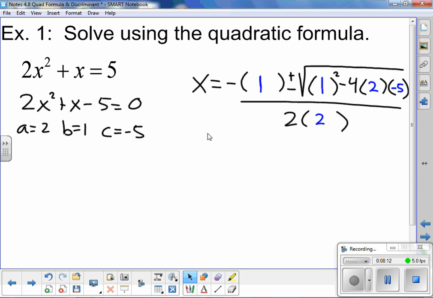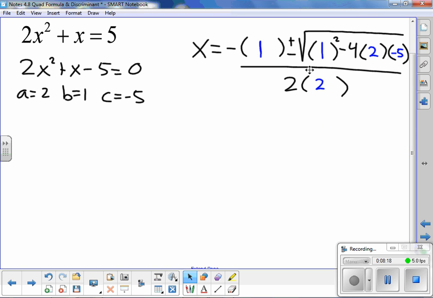All right, so at this point, it's just a matter of making sure you plug it in correctly. And from here on in, it's just a matter of order of operations. So you can do this part, and then I always suggest doing the stuff inside of the square root. Make sure all the multiplication comes first, and then the bottom part also. So this shrinks down kind of fast.